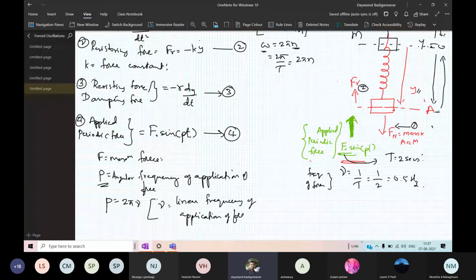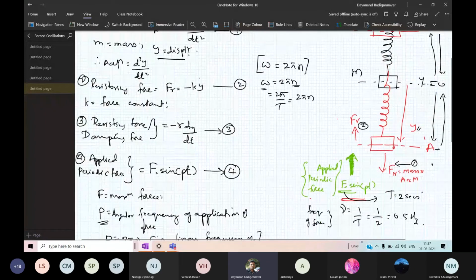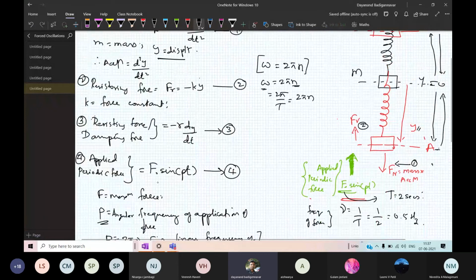Hope you got the point. So in this equation, you are applying a force in this periodic manner with this angular frequency p. Okay, got it.